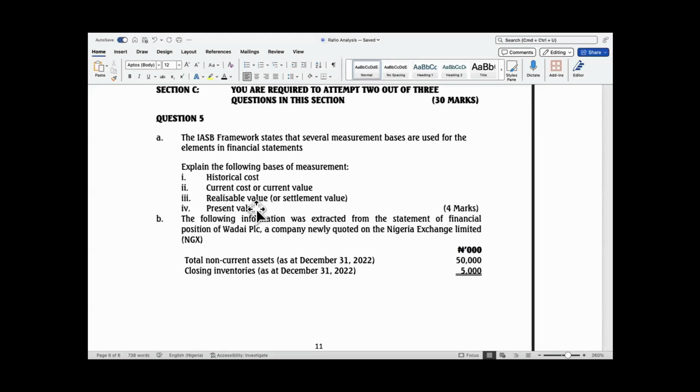While present value is the discounted future value using a discount rate, that is, the discounted future cash flows using an available discount rate. That's present value, and it's synonymous with value in use.